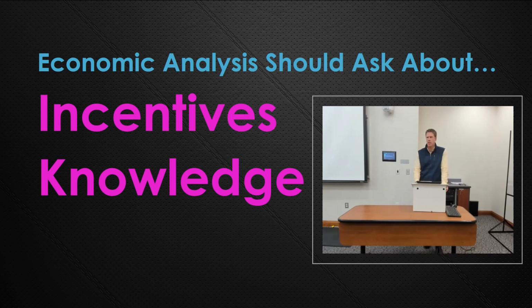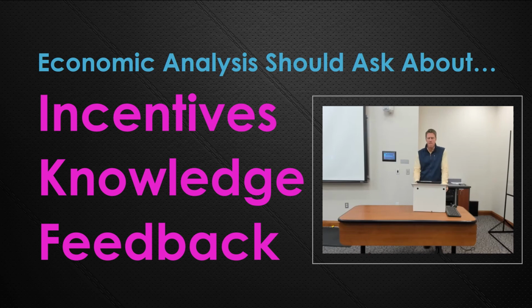What knowledge does each decision maker actually hold? And what feedback mechanism is in place for the inevitable missteps that is mankind? We will make mistakes. What feedback mechanisms are in place to correct errors? I think that is probably the most important of them all, right? Because we're going to have to make adjustments and adaptations.